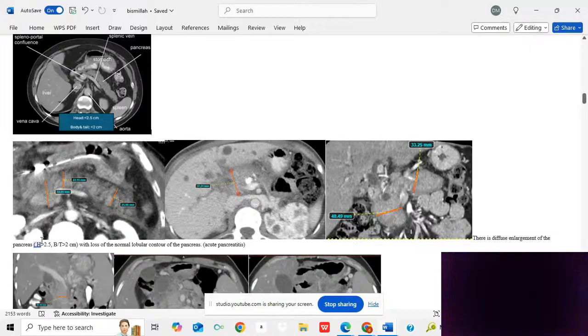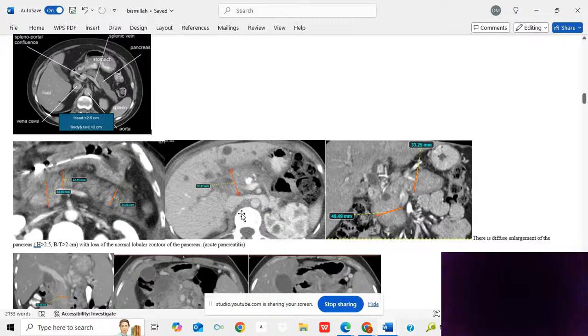There's diffuse enlargement of the pancreas, with the pancreatic head here measuring 3.5 centimeters. It's not 2.5 centimeters anymore. The pancreatic head is more than 2.5 centimeters with diffuse enlargement.